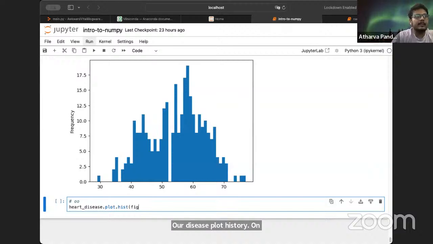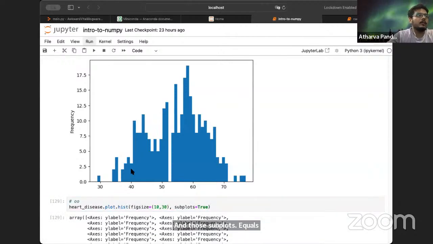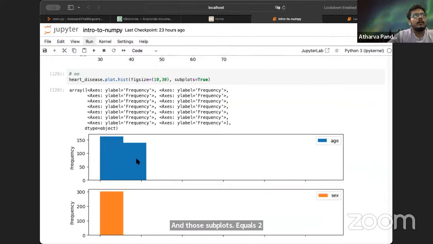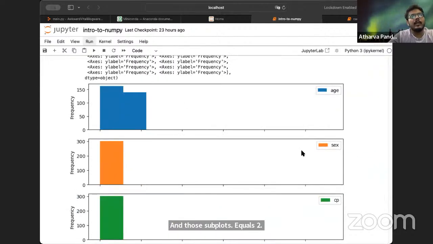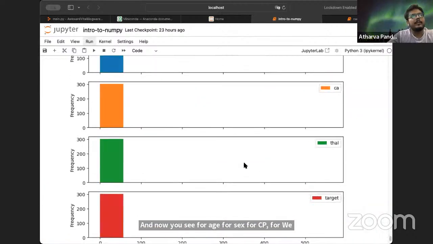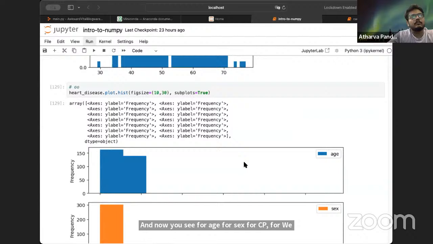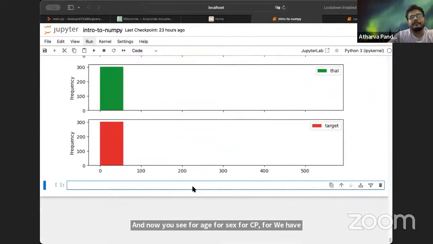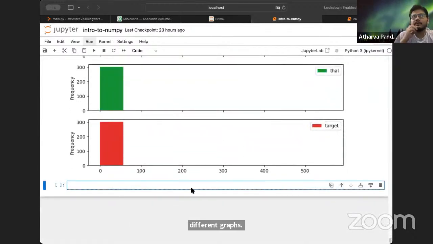And then I can make the figure size something like 10 by 30 and set subplots equals true. And now you see for age, for sex, for cp, we have different histogram graphs.